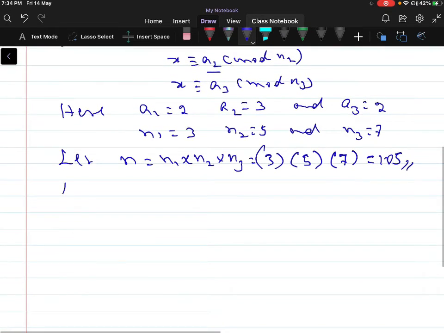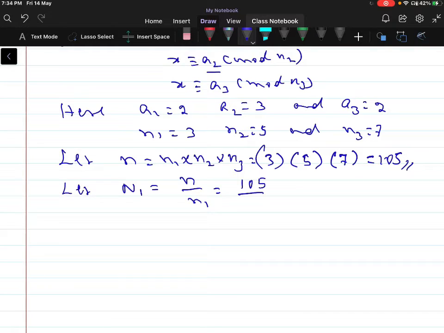Now let capital N1 be equal to n by n1, where n is equal to 105 and n1 is 3. So this implies 35. 35 3s are 105. Capital N2 is equal to n by n2, where n is equal to 105 and n2 is 5.